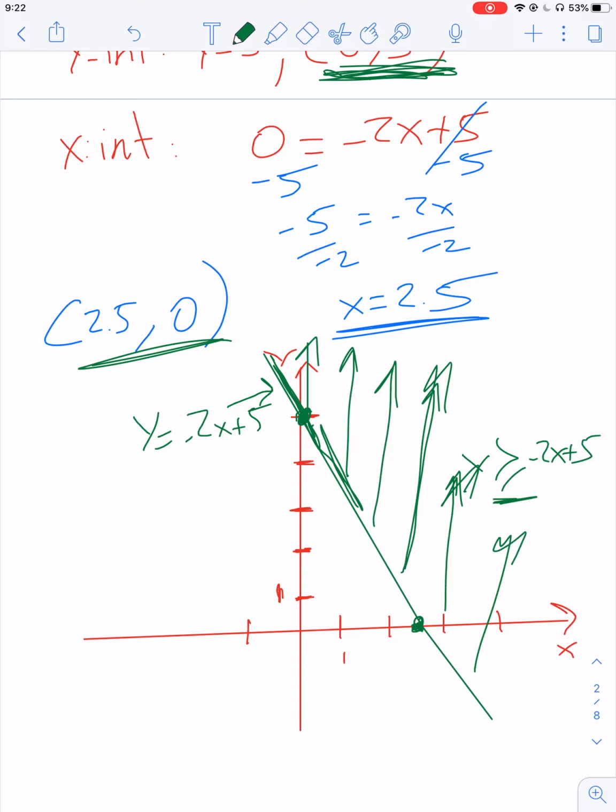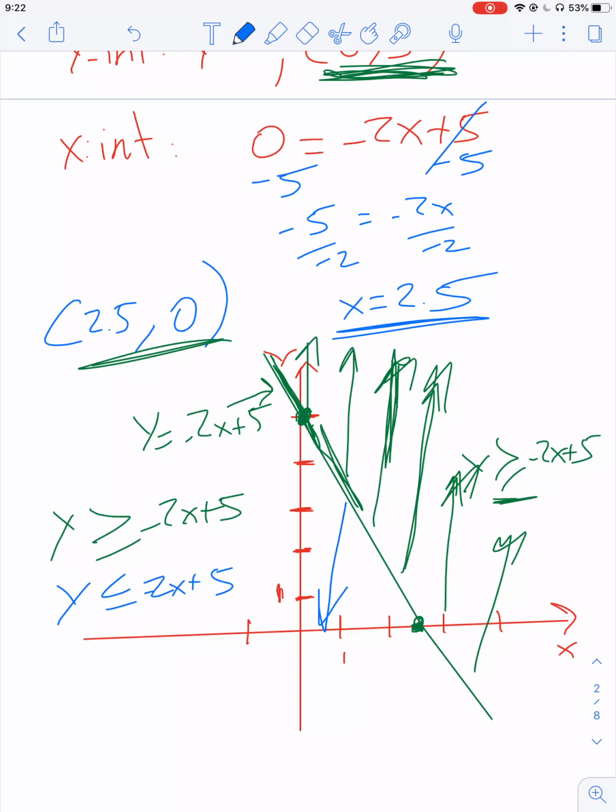If y is less than minus 2x plus 5, maybe let me use a different color, then everything underneath this line will have to be included.